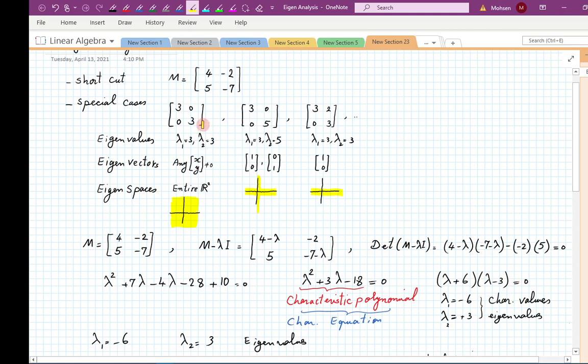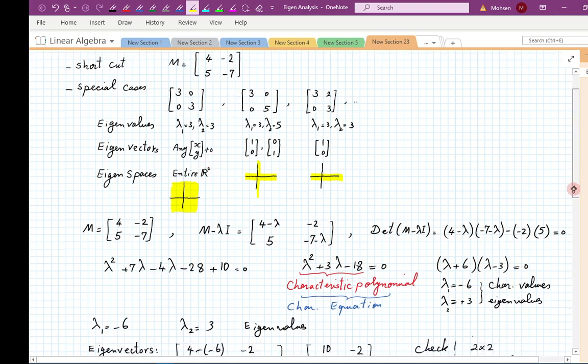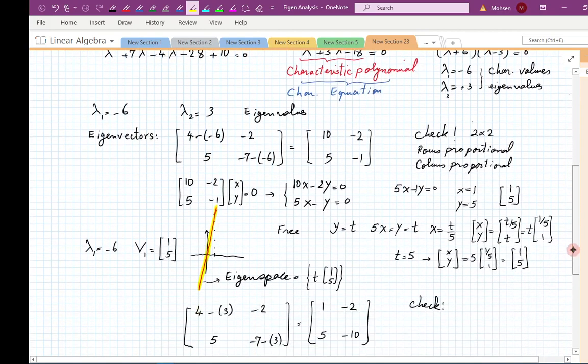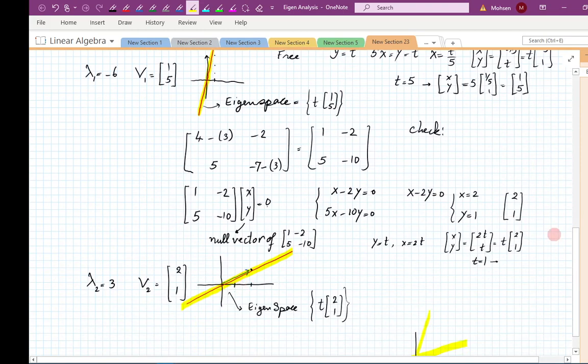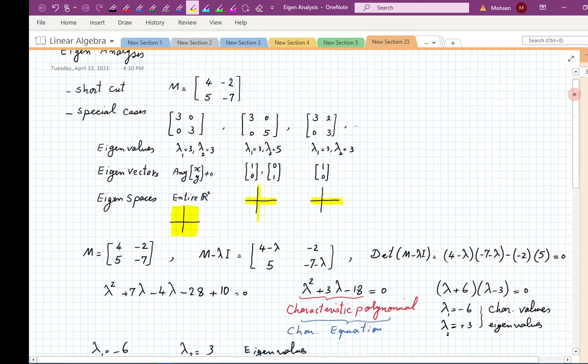Meaning you don't have to even look. Whatever you pick is going to be an eigenvector. So that's going to be a new situation for us. Instead of these cases where we have all of our eigenvectors sitting on special lines, in this case there is nothing special about any line. All of them are good, and your eigenspace becomes the entire plane, or entire R2.